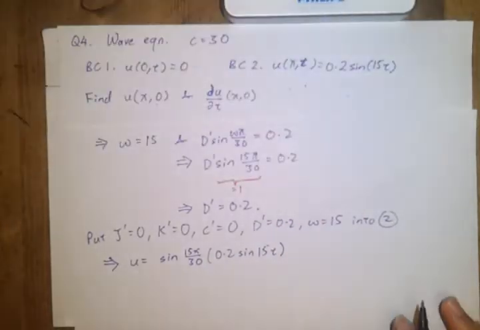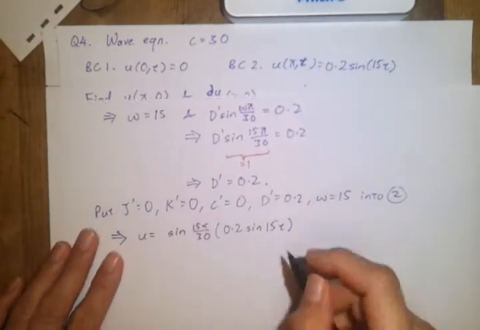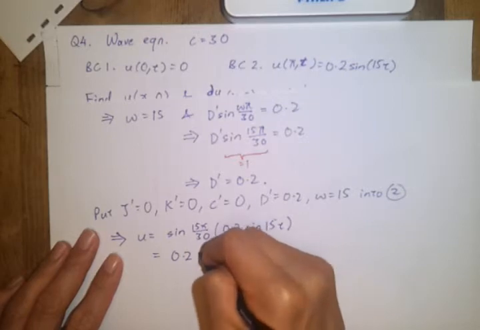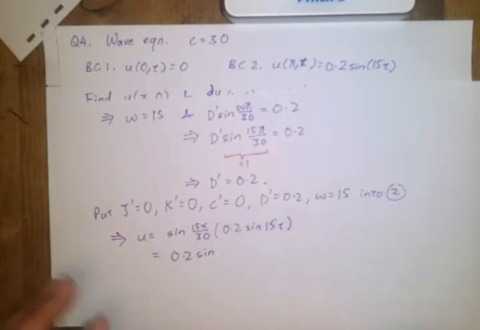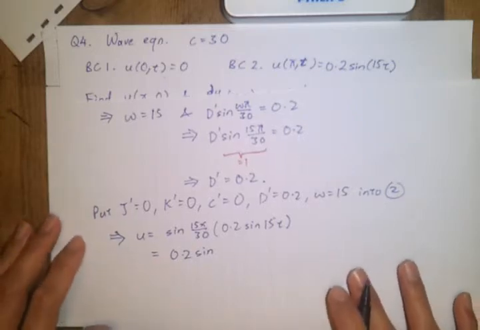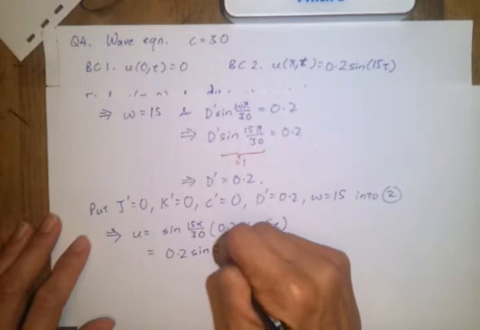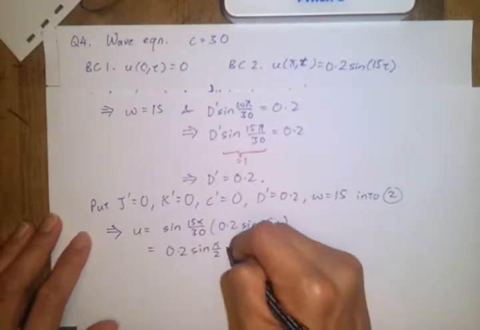Cleaning this up a little bit: u equals 0.2 sine x over 2 sine 15t.